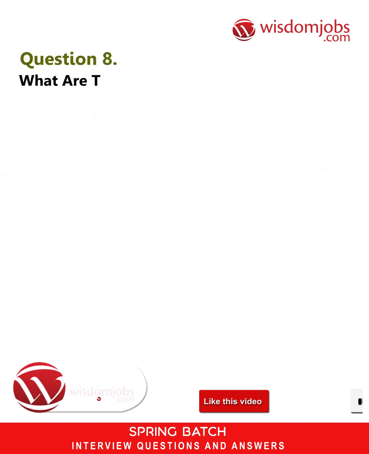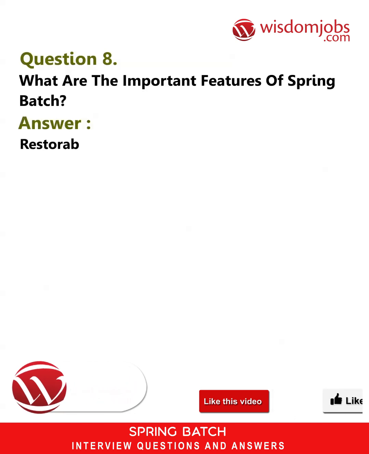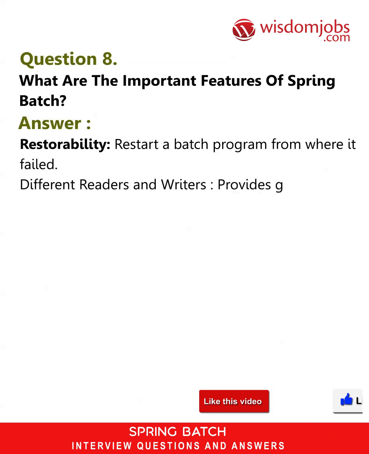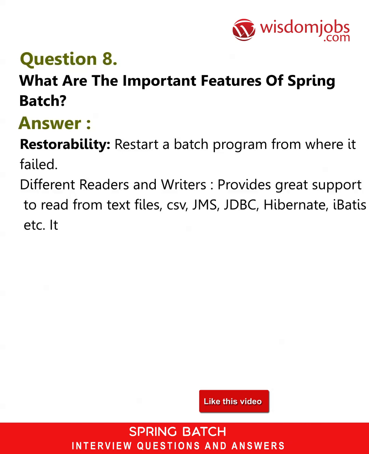Question 8. What are the important features of Spring Batch? Answer. Restorability, restart a batch program from where it failed. Different readers and writers, provides great support to read from text files, CSV, JMS, JDBC, Hibernate, iBATIS etc. It can write to JMS, JDBC, Hibernate, files and many more.